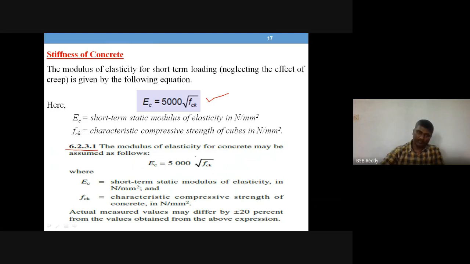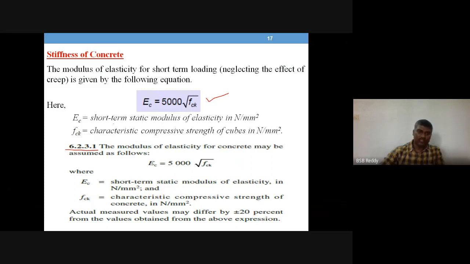Even IS 456 gives you the same equation, whereas the previous revision of IS 456 gave 5700 square root FCK. Later that was modified, and in the latest IS codes it is 5000 into square root of FCK.